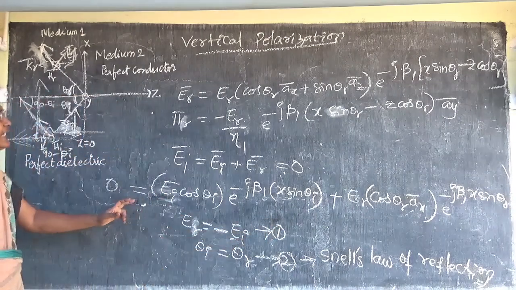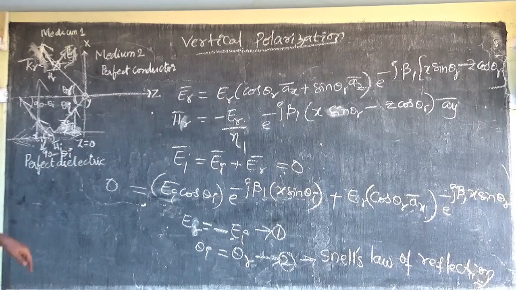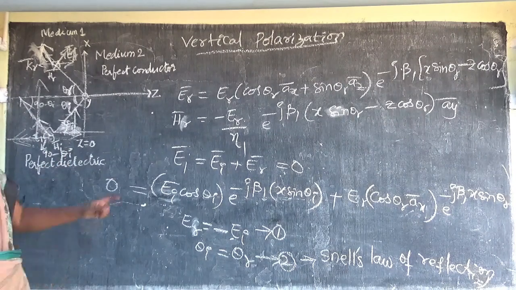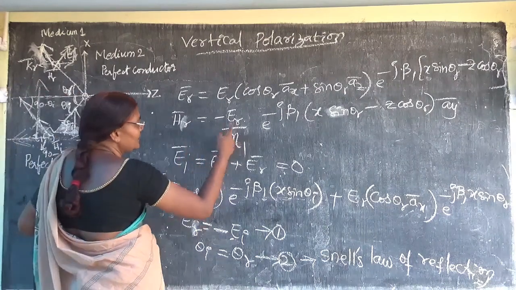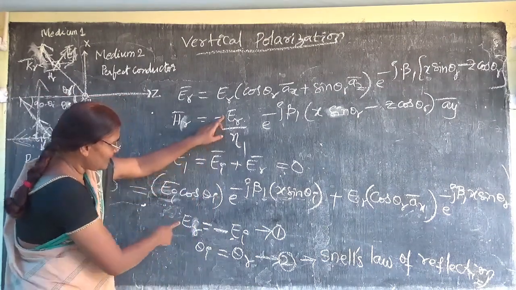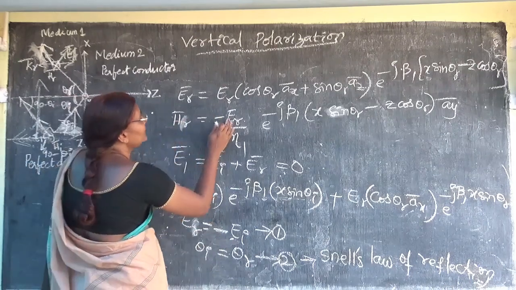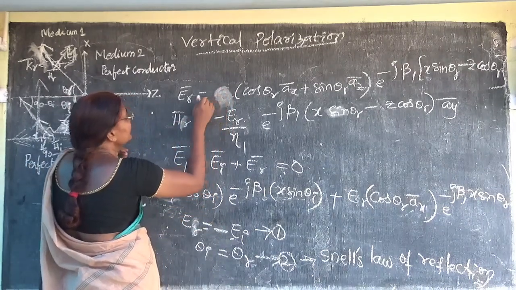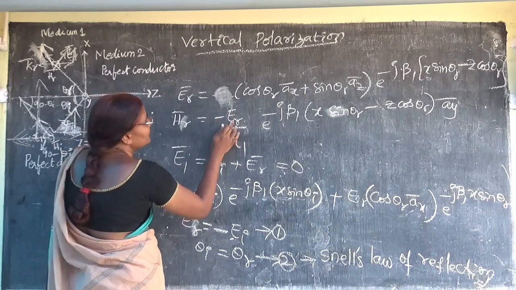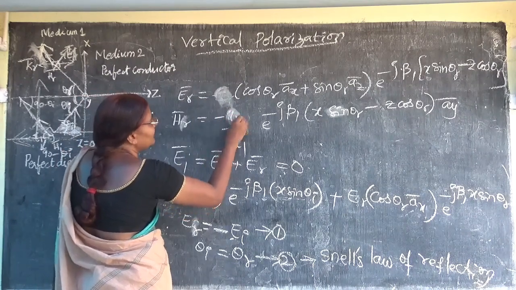So with this Snell's law of reflection, I can replace everything. So what will it be? ER will be minus EI. So what is ER? ER is equal to minus EI.